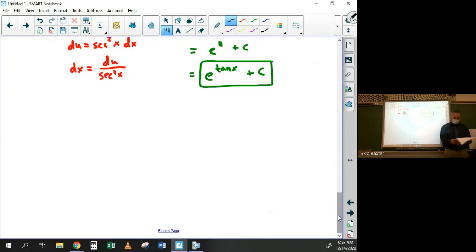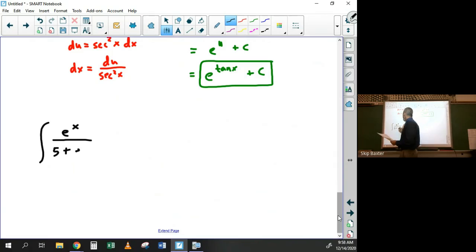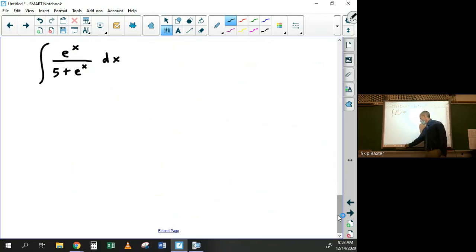How about this one? The integral of e to the x over 5 plus e to the x dx. What do you think here? Yeah, 5 plus e to the x. u is 5 plus e to the x.